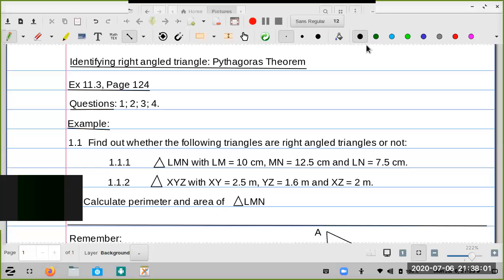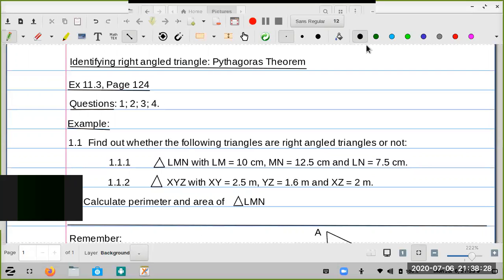Now, we are given triangles in the form of sides and their measurements, right? So you can draw the diagram and put in the information, right? It's not a problem. But we can as well make use of the information without drawing a diagram, right?